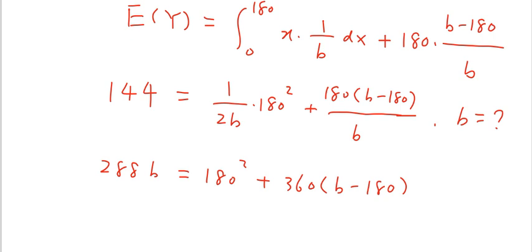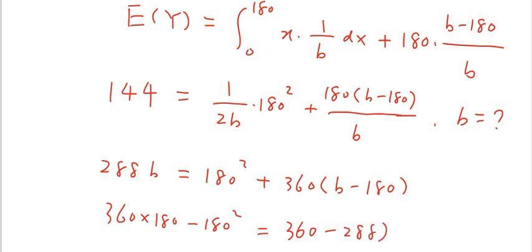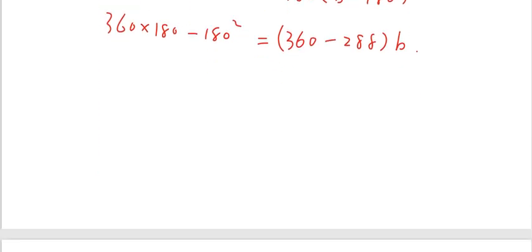So 360 times 180 minus 180 squared equals (360 minus 288) b, and we can easily find b.